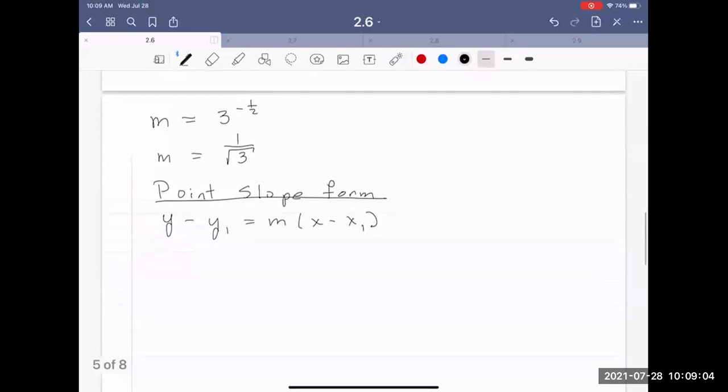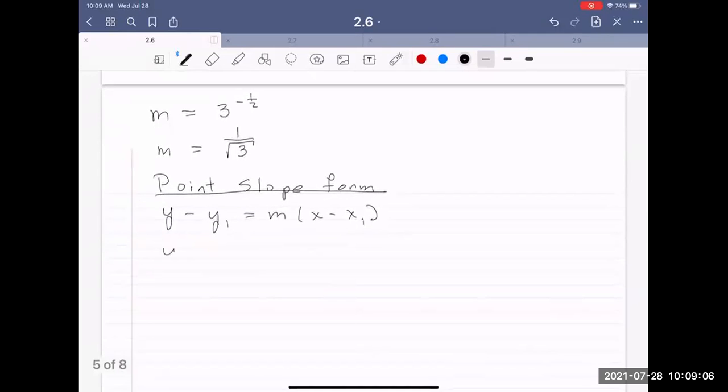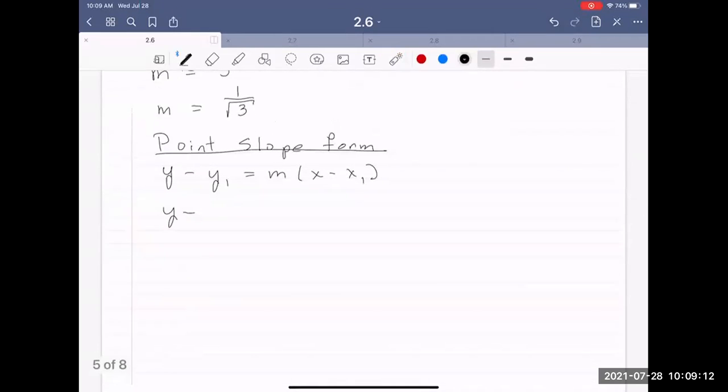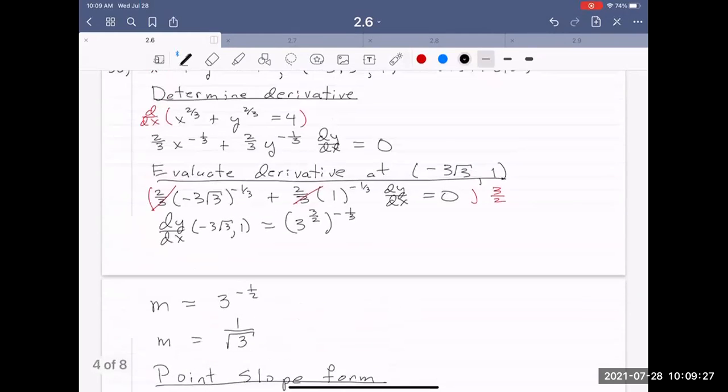Y1 in this case is just 1, equals m, which is 1 over √3, and x1 is negative 3√3.